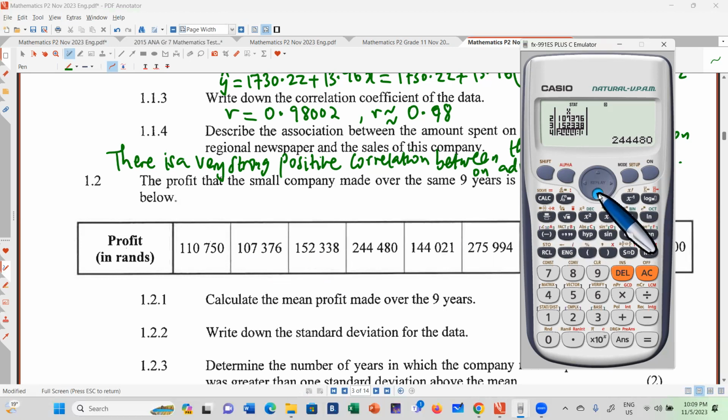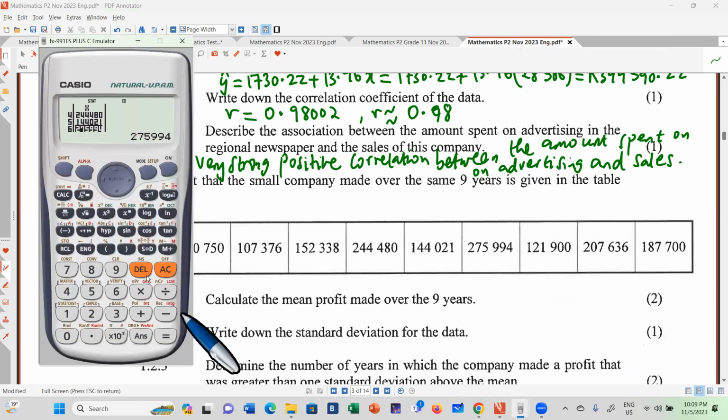Is that one? After that is 244,480. Is that one? 144,021. Is that one? 275,994. It's that. Okay, 275,994 is correct.